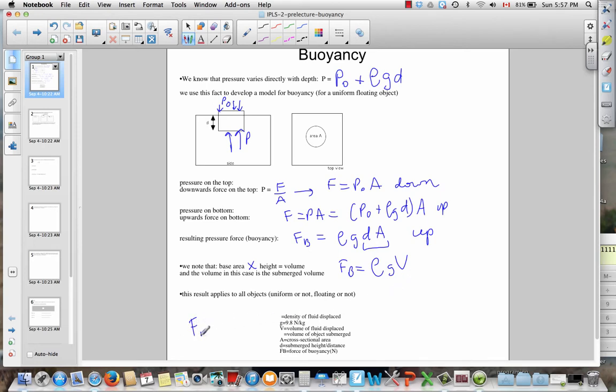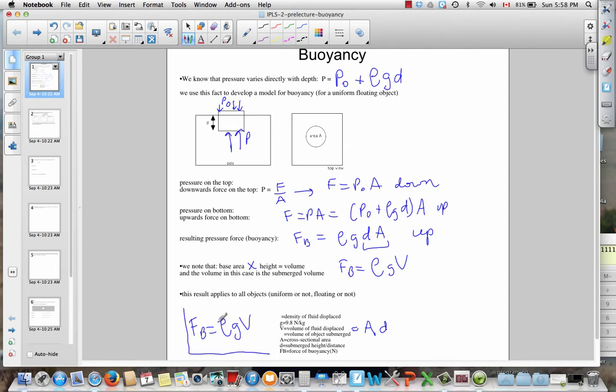So this is a model for buoyancy. You could call it the Archimedes principle for reasons we'll see shortly. And V is the volume displaced. It's going to be equal to, as we saw from elementary mathematics, the cross-sectional area times the submerged depth, D. So that's our model for buoyancy.